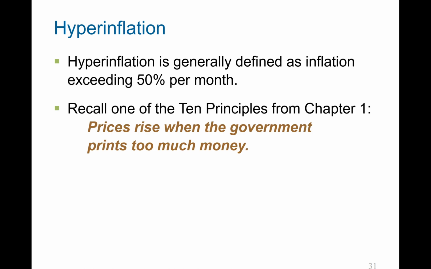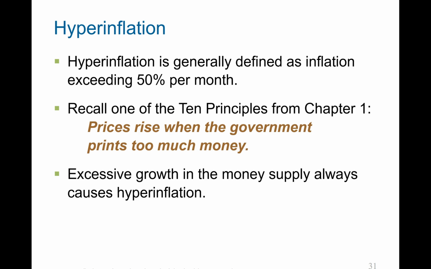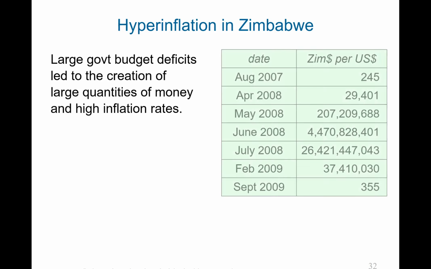And we already kind of went over the principle from chapter 1 that said that when the government prints too much money, prices rise. But we can see that when there's excessive growth in the money supply, you can have this condition of hyperinflation. Some examples of this historically, and not that far distant, is in Zimbabwe.